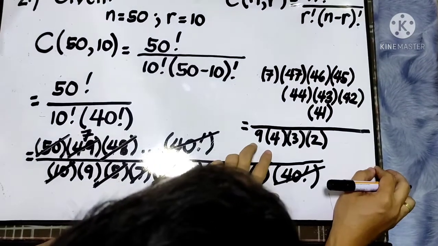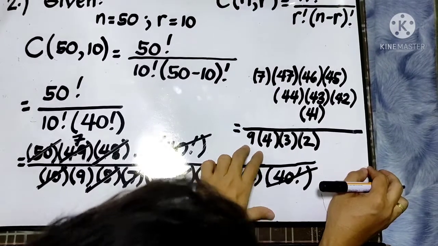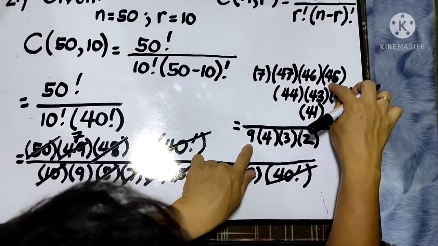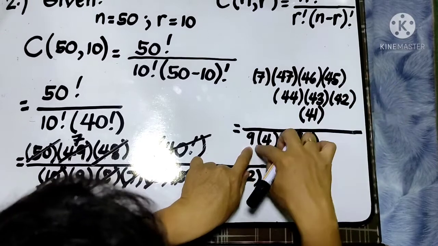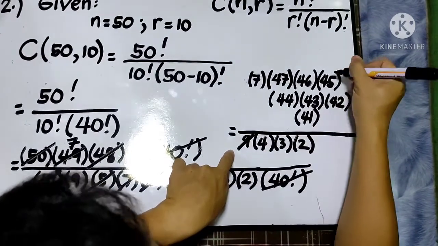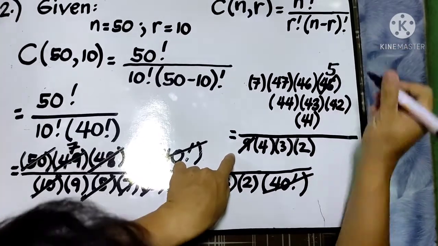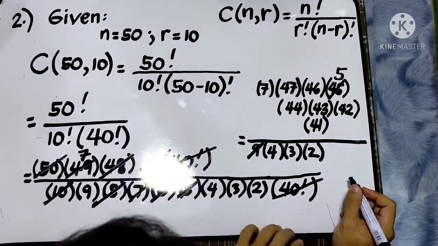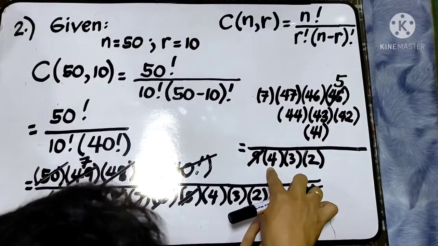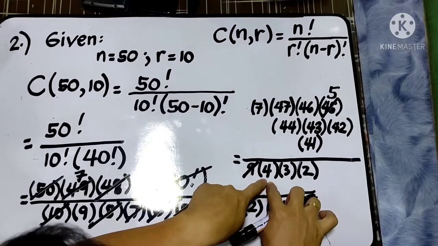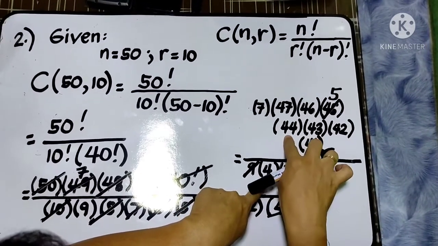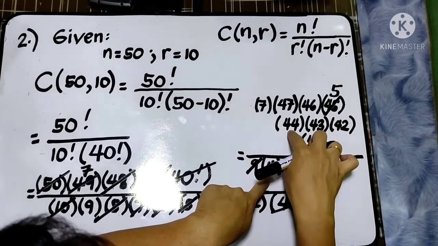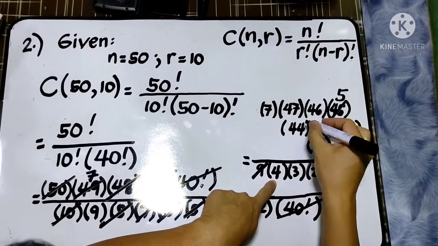Tingnan natin. Meron pa ba tayong makancel dito? 9 at 45. Pwede, right? 45 divided by 9. Merong matitirang 5. Right? Then, 4, ano kaya ang pwedeng cancelin ng 4? Diba? Pwede siya sa 44. So, 44 divided by 4.